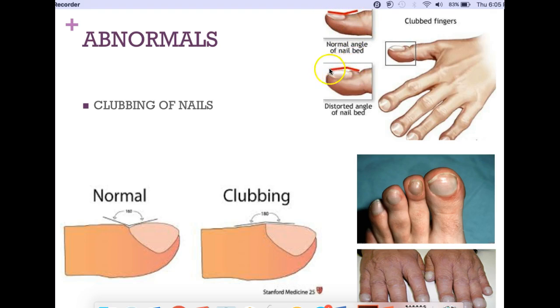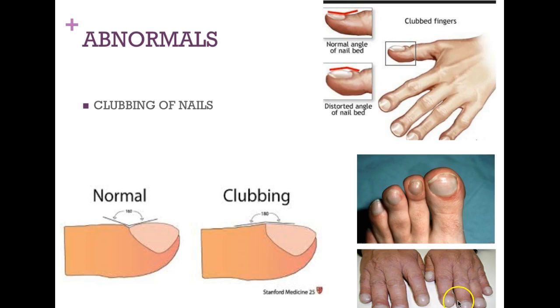And then you look here, it's rounded, distorted. So this is really indicative of what clubbed fingers look like. Now that you know about it, you're going to see all kinds of people with clubbed fingers, and you'll know they have a cardiac or respiratory issue. This picture down here is a really good example of clubbing. It's almost like a balloon-like look to their fingers and toes.